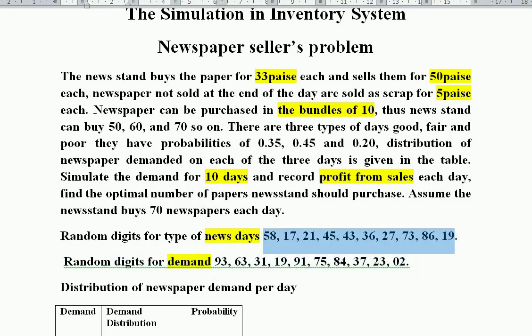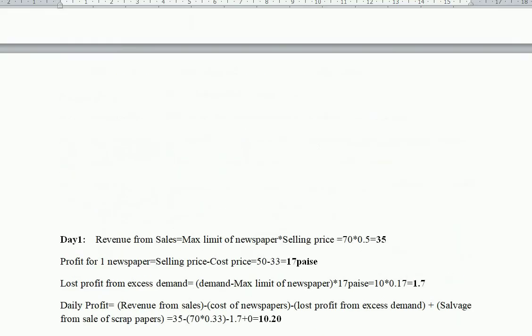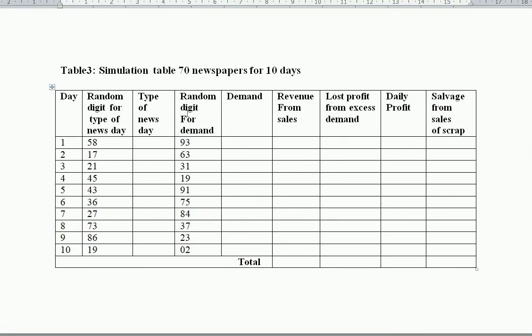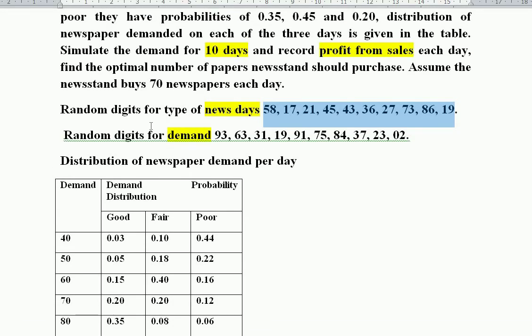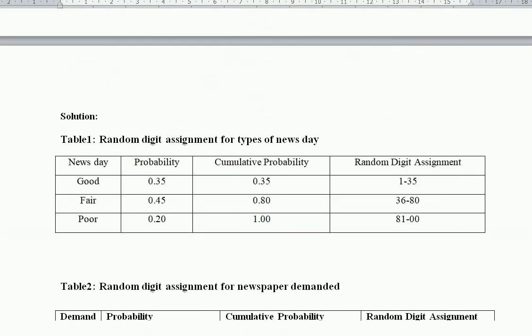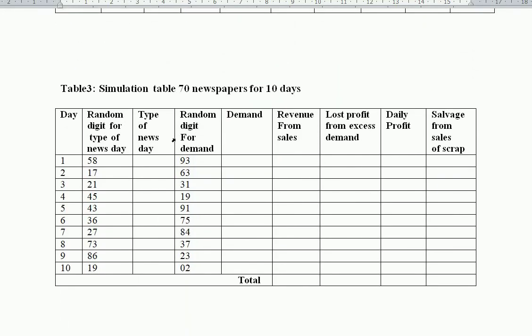They are given in the question, so we entered these values here. And again, the random digit for demand is also given in the question, so we entered it in the simulation table here. Now we have to find out the type of news day.